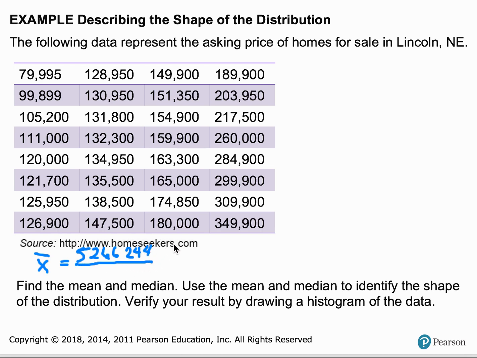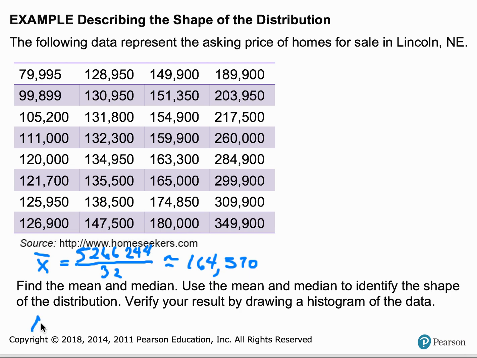Hopefully, I didn't make an entry error. 1, 2, 3, 4, 5, 6, 7, 8. 1, 2, 3, 4 divided by 32 is, rounded to the nearest dollar, 164,570.